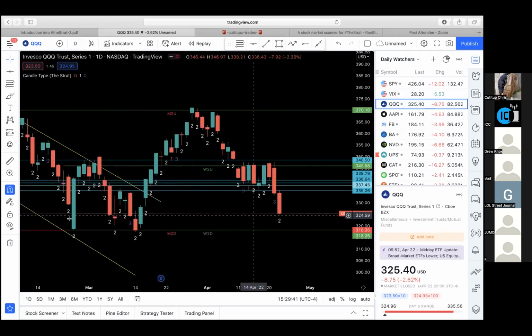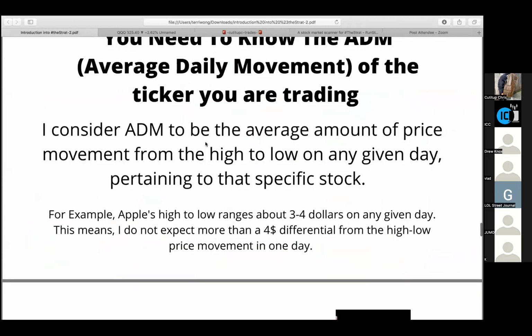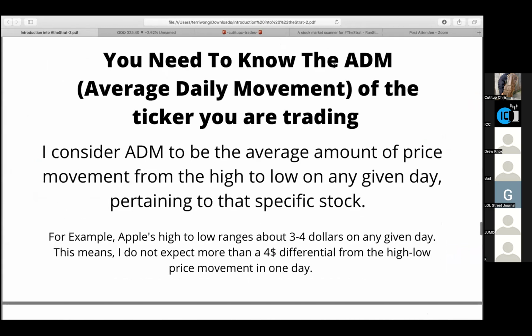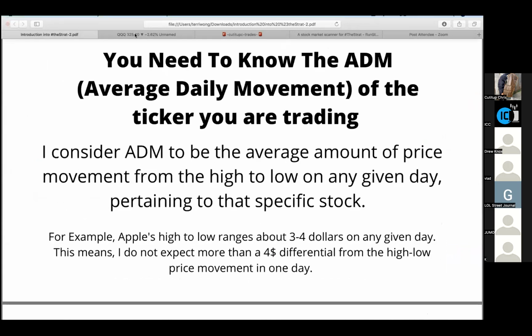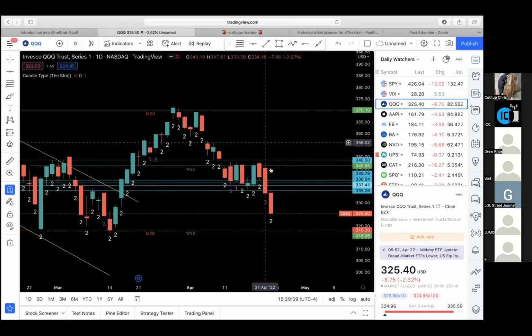That's pretty much it. We're just looking for the next 2. Once it gives us the decision, we find our targets. We see, are those targets attainable based on the average price movement of that stock. We analyze the contracts. We see if time frame continuity is in our favor.